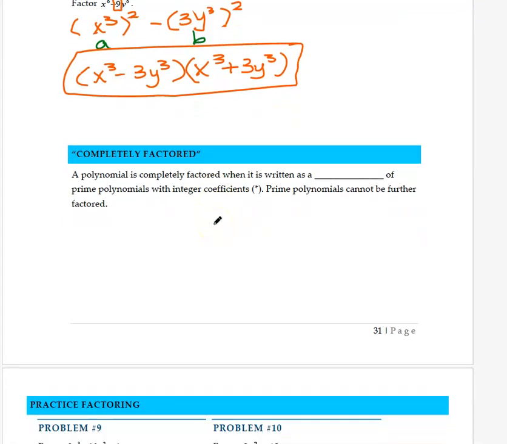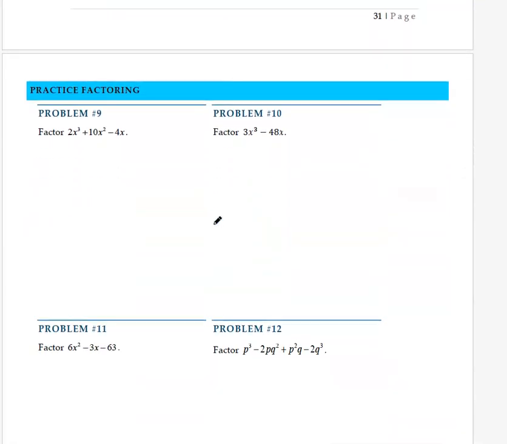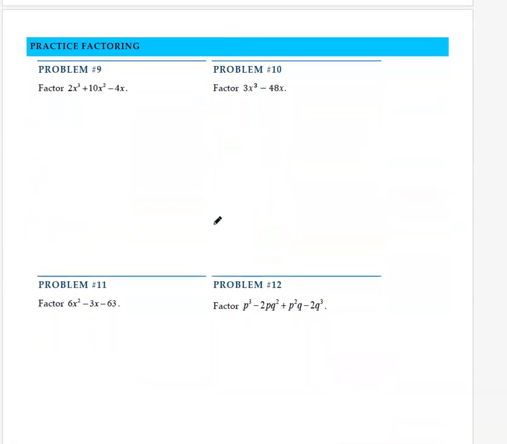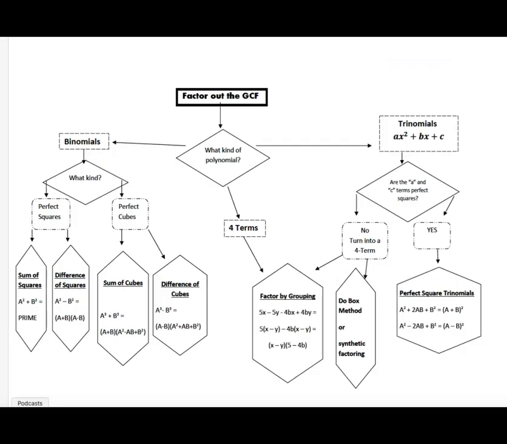Okay. All right, so the other thing that I want to look at with you, and let me pull this up. All right, so this is a factor flow chart, and I'll send you a copy of this so that you can have it to use.